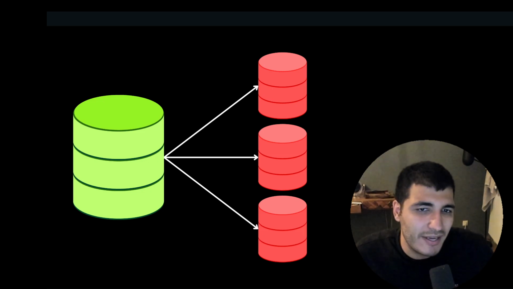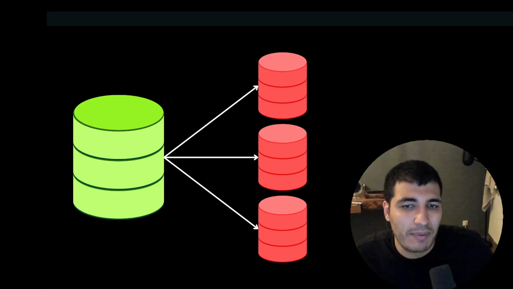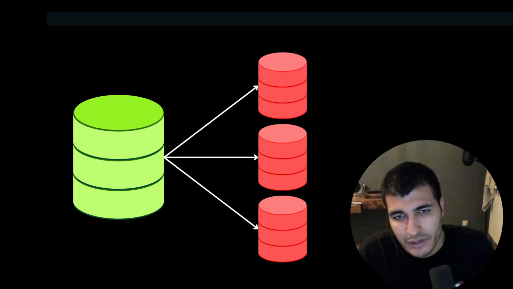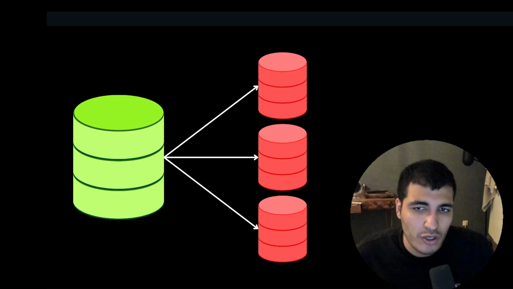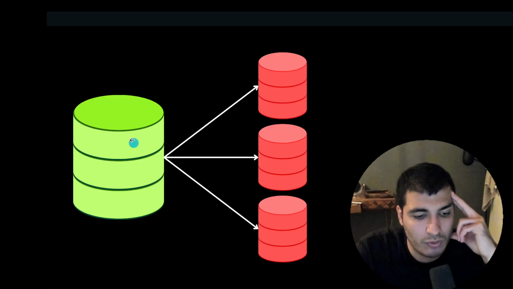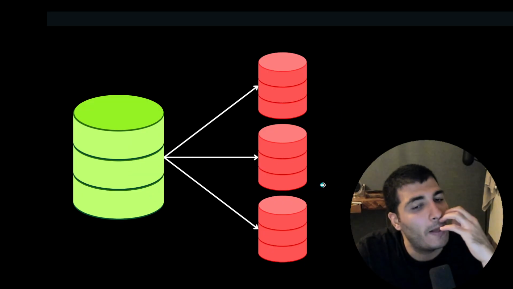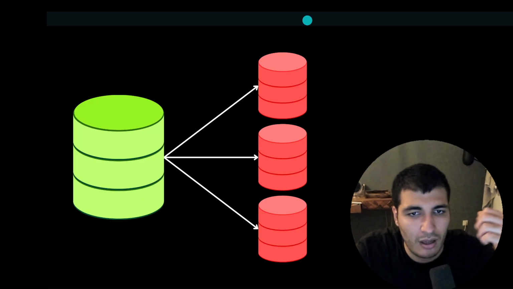These replicas stay synchronized with the primary database, but are exclusively used to serve read queries, effectively offloading the read traffic from the main database. So they can be like a master and slaves. This can be the master, which is the main, and those could be the slaves that handle all the read operations.